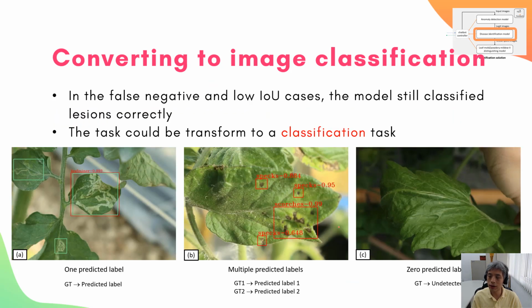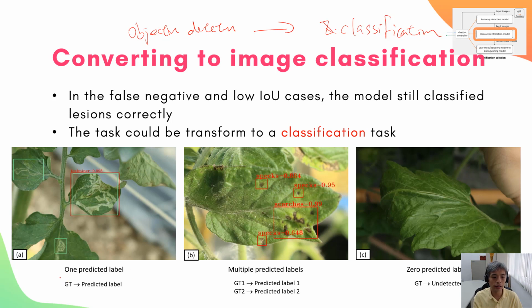So in order to prevent this issue, we want to convert the object detection problem to an identification, or say classification, problem. In that sense, as long as we detect a lesion, no matter how big the lesion area is, it should be considered a successful detection. So here we do some manipulation.